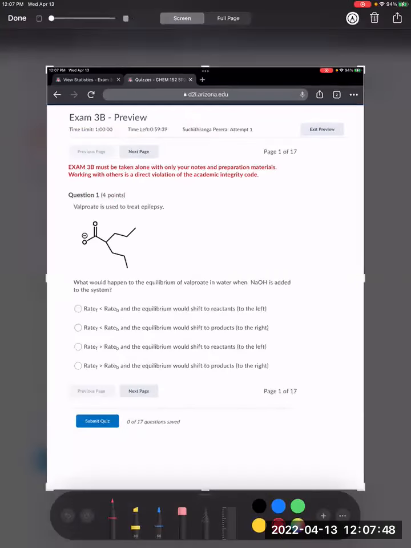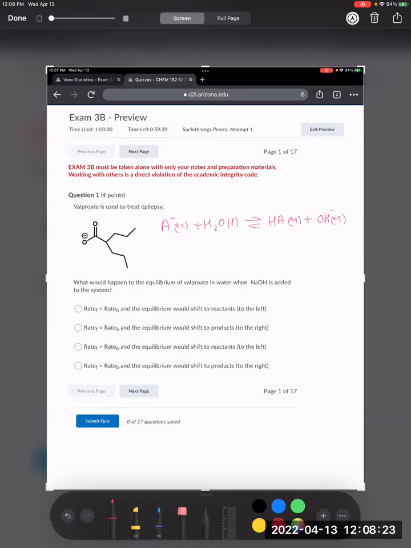Right, so valproate is the conjugate base of a weak acid. Okay, so what we have is A minus here, which came from a carboxylic acid. And when this is in water, it's going to achieve this equilibrium, A minus plus H2O gives HA (aq) plus OH minus (aq).